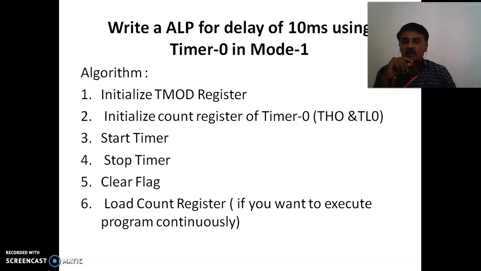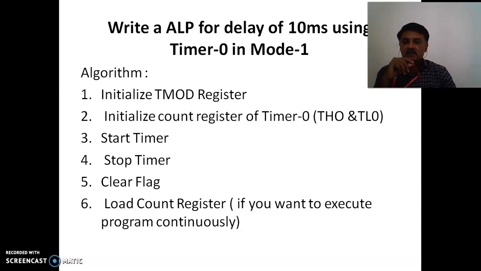The first part of the algorithm is to initialize your TMOD register, the timer counter mode control register. The second step is to initialize the count register of timer 0, TH0 and TL0 being the register names.